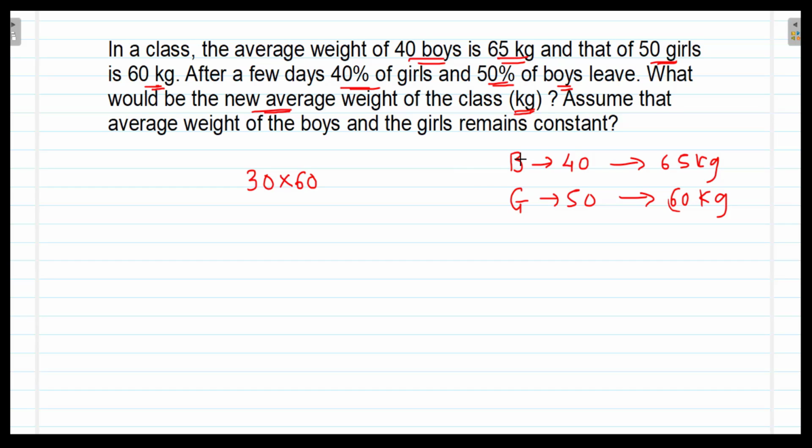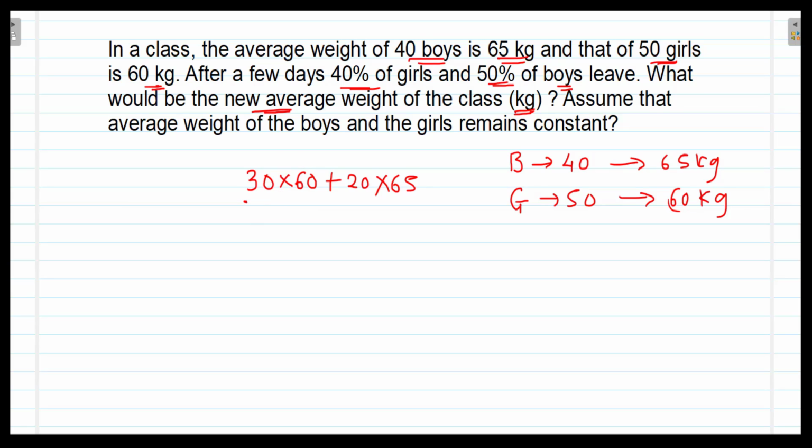So 20 boys are present. So plus 20 multiplied by their average weight, that is 65 kilogram. This will be the total weight of 20 boys, and this will be the total weight of 30 girls.